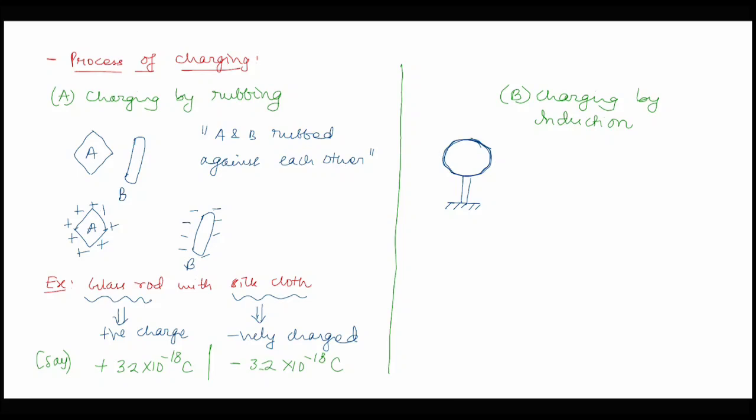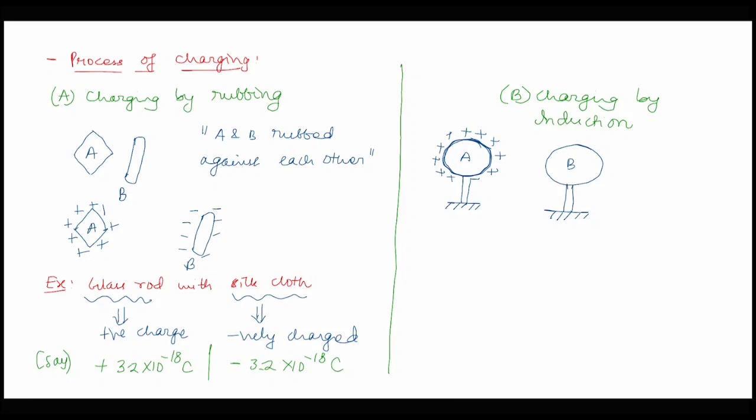Suppose I have a conductor A which is positively charged and is mounted on an insulated stand, and another uncharged sphere B, also mounted on an insulating stand, is brought near it. What will happen?